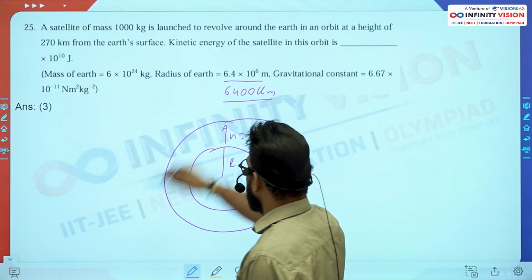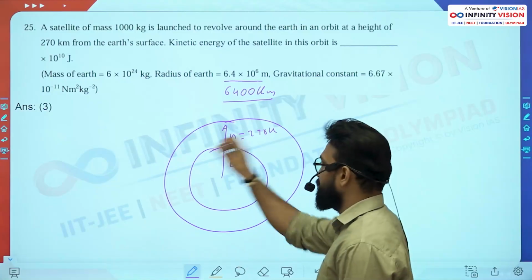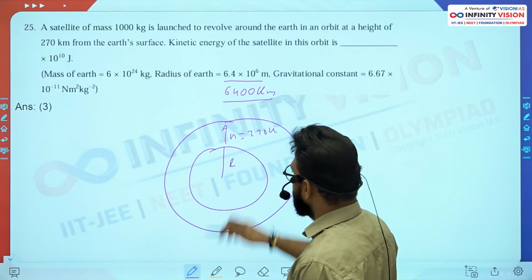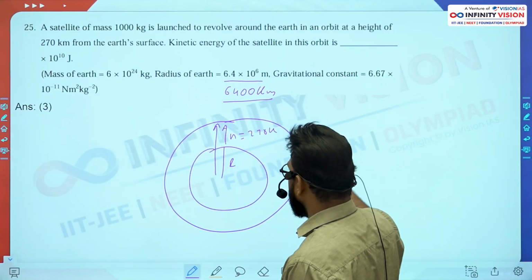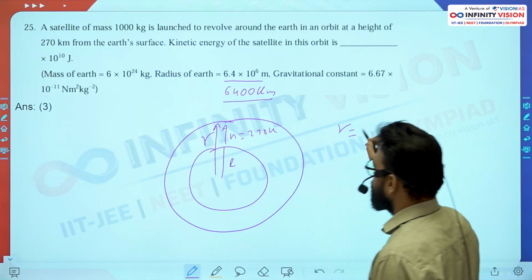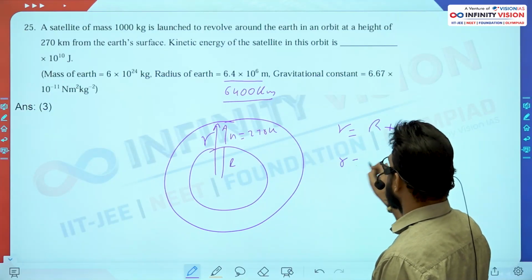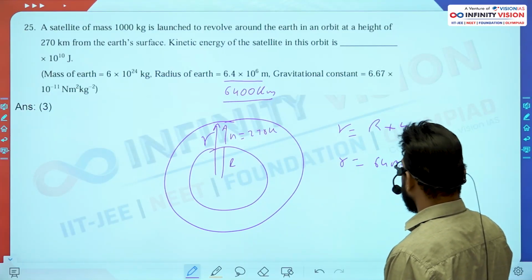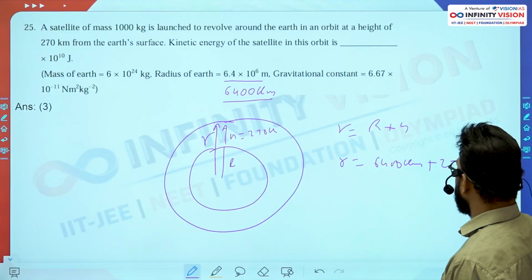At this height, what would be the kinetic energy of the satellite revolving around the Earth?